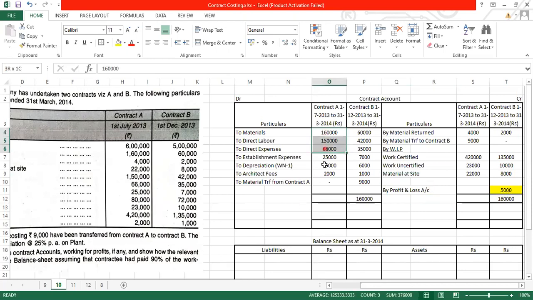Now for A, debit side is 4,18,000. Credit side is 4,78,000.